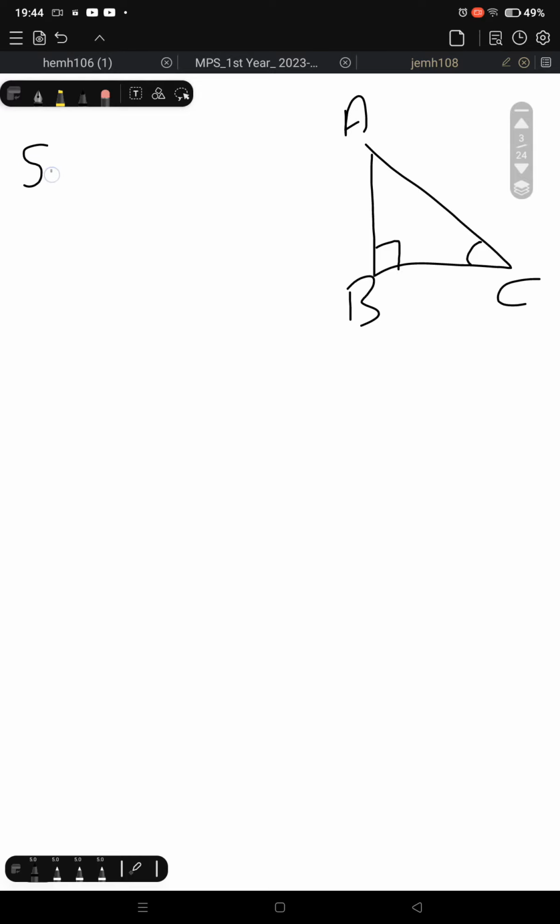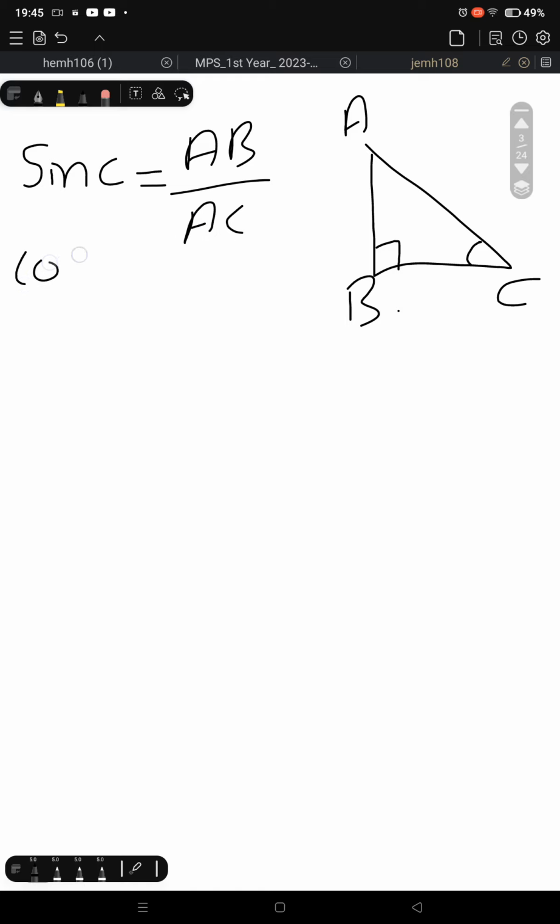So let us go with sin C. For sin C, obviously the opposite will be AB and the adjacent will be BC. Sine with any angle is opposite divided by hypotenuse. So the opposite here is AB and the hypotenuse is AC.